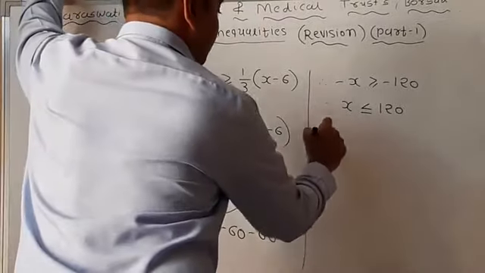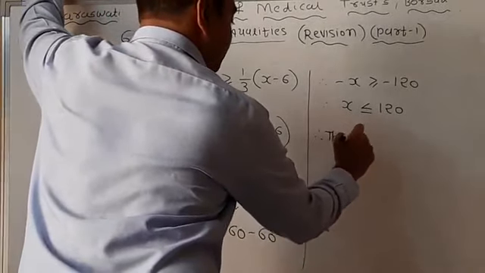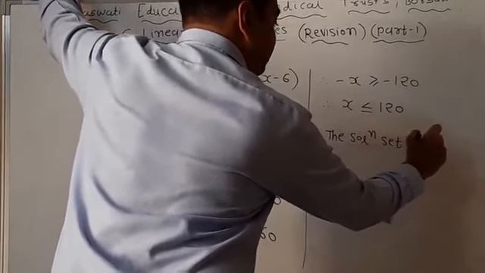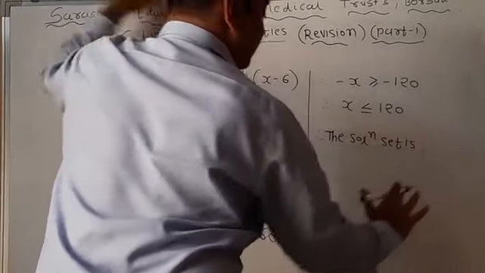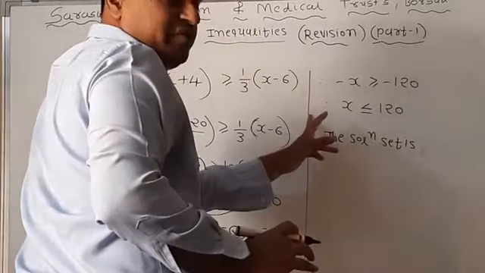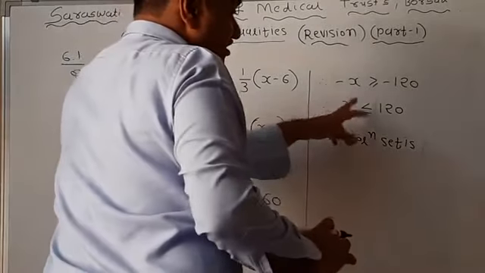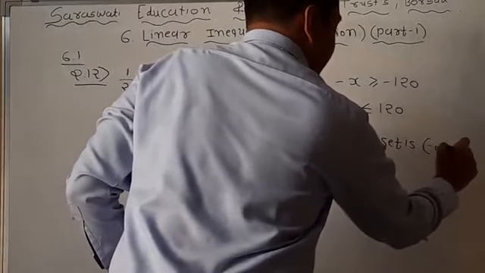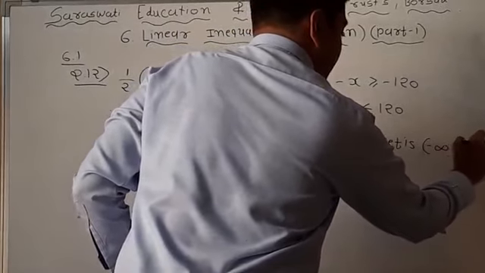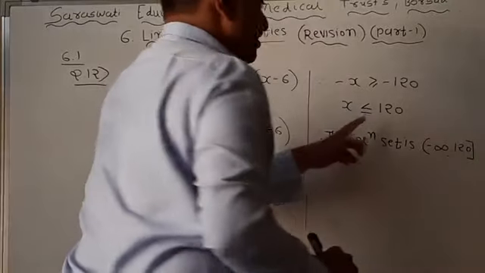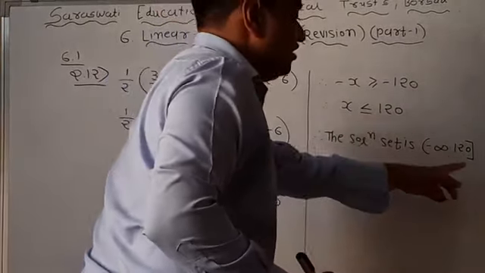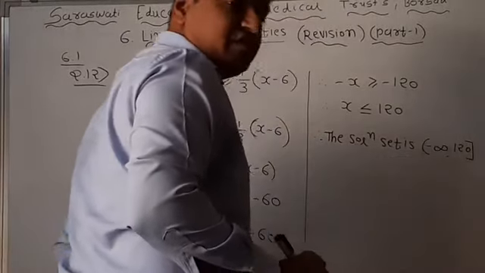So our final answer, the solution set is, okay, here the arrow is going from the minus infinity side, right? So our final answer is minus infinity to 120. Here a less than or equal form is present, so that's why we write closed interval form.